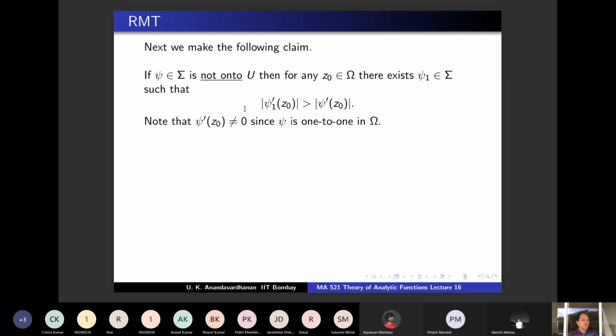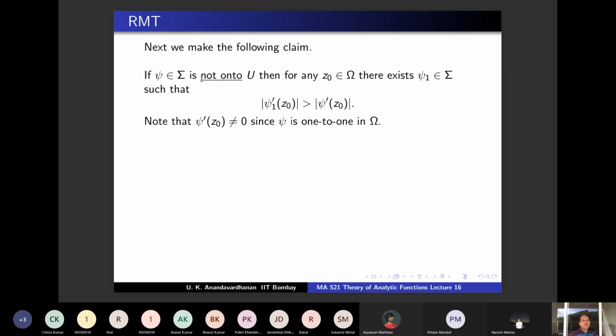Another crucial point is, by doing this construction using normal families, when we construct a function which is onto, we might lose oneness. There's a possibility that in that process we lose oneness, but we will show using Rouché's theorem that oneness is not lost.